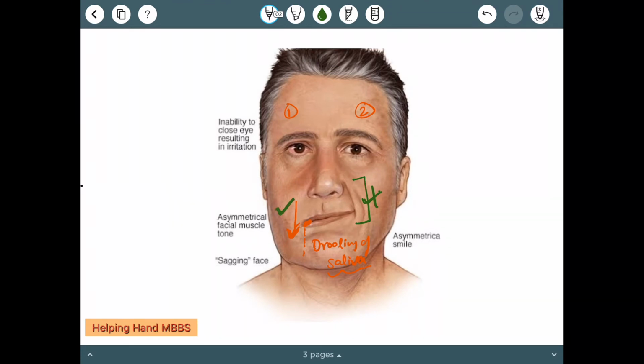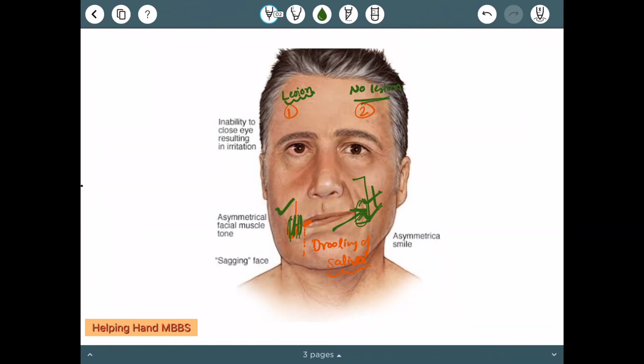Why? Because the facial muscle here is paralyzed due to palsy, but the facial muscle present here is functioning normally, so the face is pulled toward this side. So this is why the lesion is at side 1. Here is lesion, here is no lesion. So it is very important to understand this.